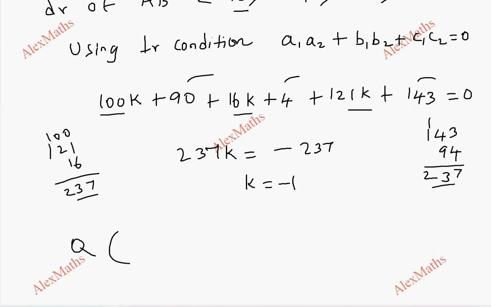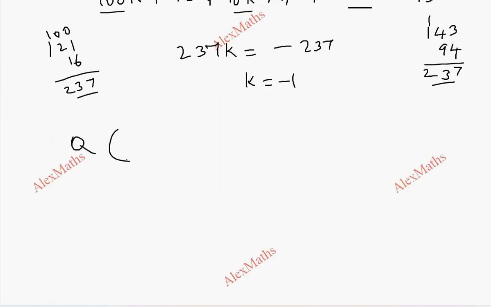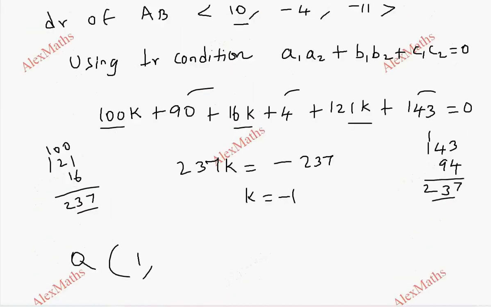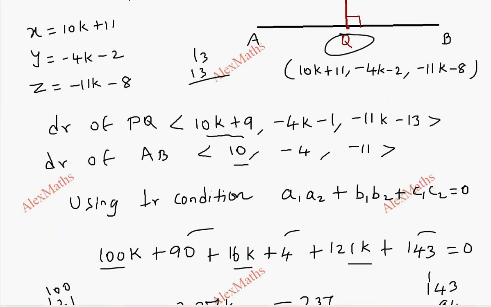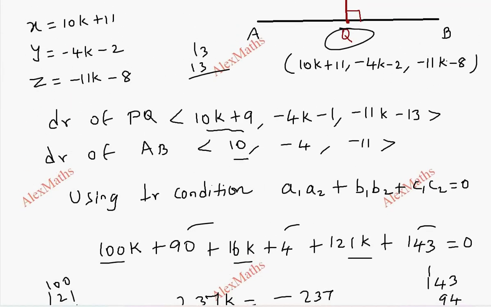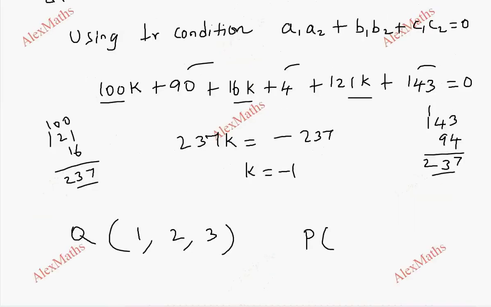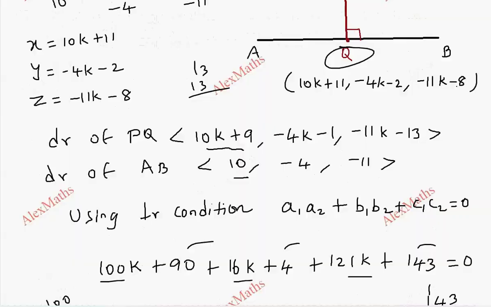When K is minus 1 here, 10 into K, which is minus 10, plus 11, that will be 1. Then when I put minus 1 here, it will become 4, 4 minus 2, which is 2. Then again, when I put minus 1 here, this will become 11, 11 minus 8, it will become 3. Already the point P, which is given in the question, is (2, minus 1, 5).